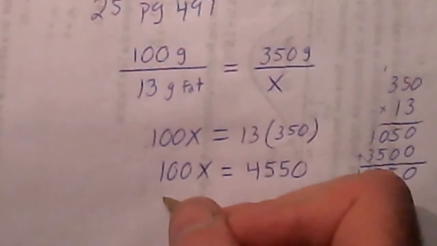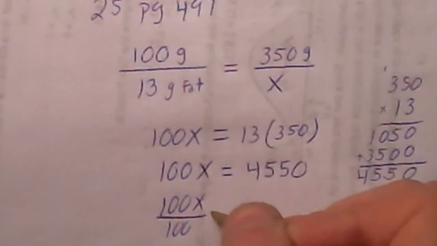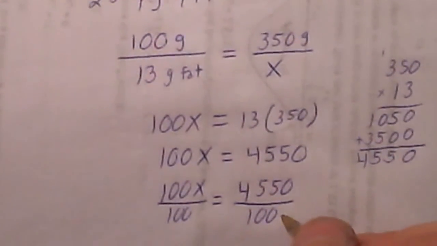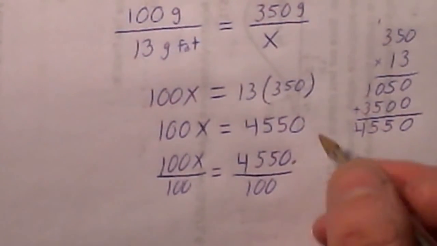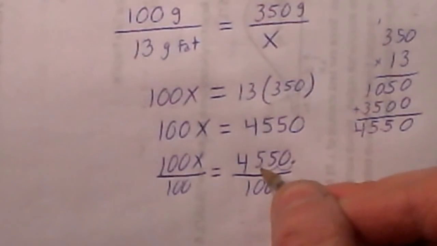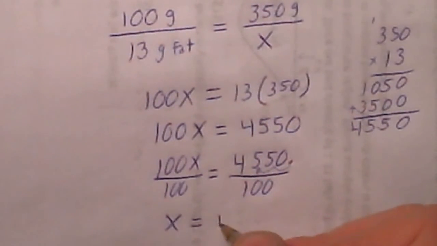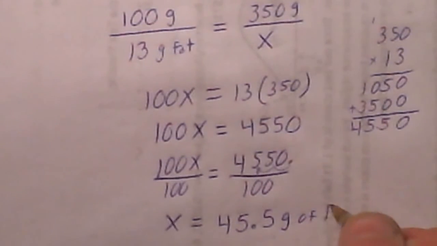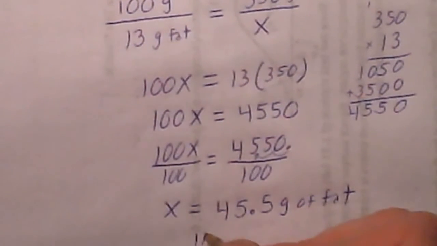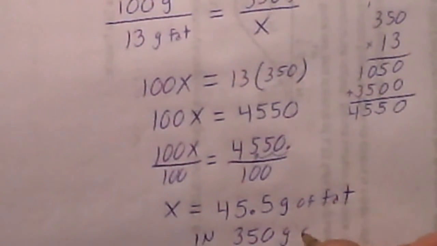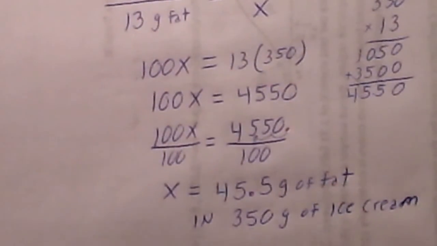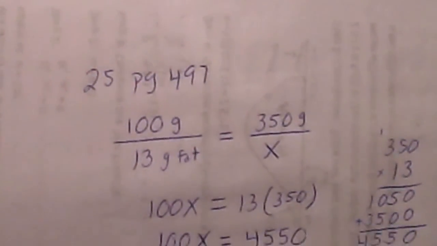Therefore, to solve this equation out for x, we divide both sides by 100. When you divide a decimal by 100, the effect it has on the decimal point is to shift it 2 places to the left. So 1, 2. So therefore, x is going to be equal to 45.5. So there would be 45.5 grams of fat in 350 grams of ice cream. Okay. And we're done with solving that word problem by setting up a proportion. So again, this was problem number 25 on page 497.